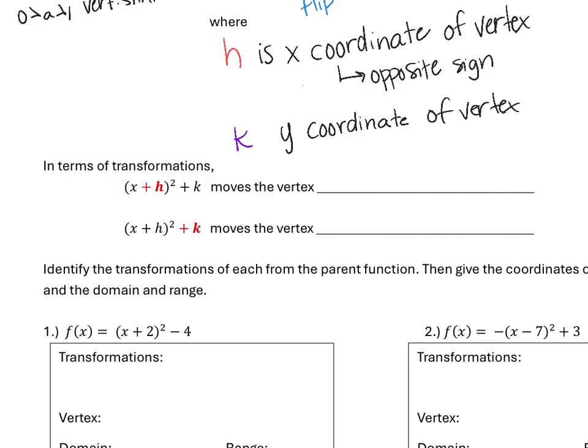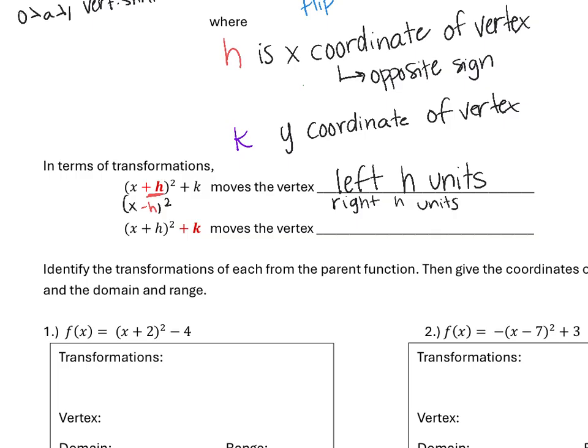In terms of transformations, if we have (x plus h) squared, it moves our vertex to the left, because it's going to go the opposite direction of the sign. So because this is plus, it is moving our vertex left h units. If we had (x minus h) squared, it would go right h units.